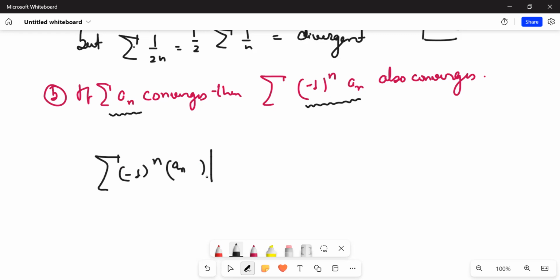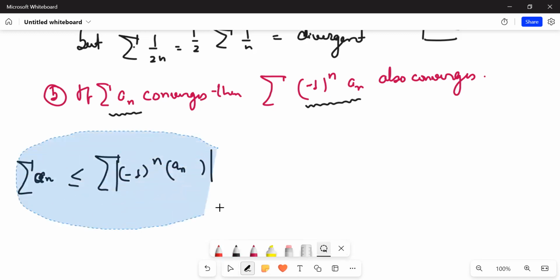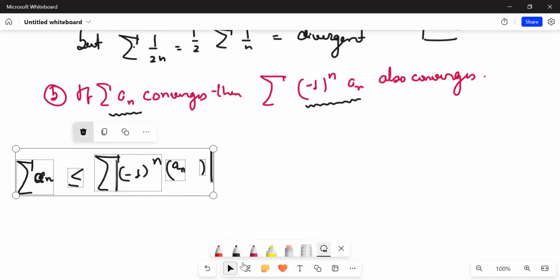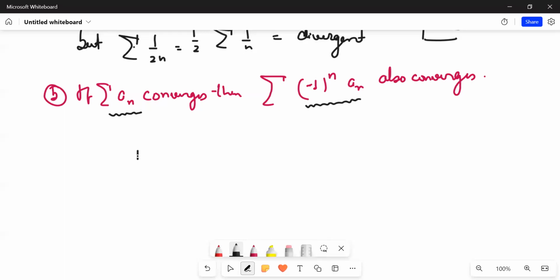Having taken an absolute value, I know that this would be less than or equal to summation an.